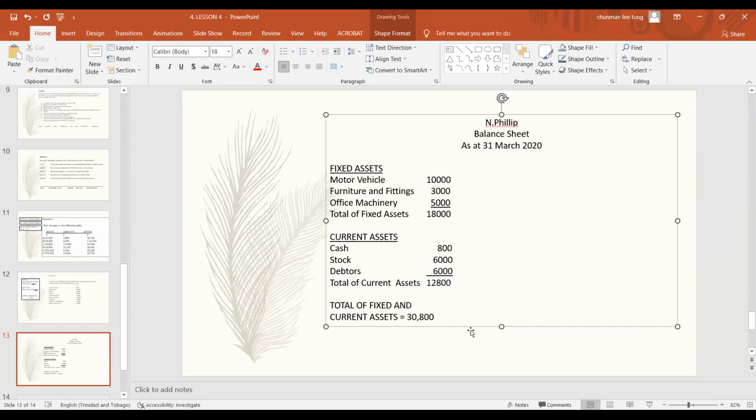Right. Moving on to the right side of your balance sheet, which is your liabilities and owner's equity section. We're going to start with our current liabilities. And of course, what will go under current liabilities?